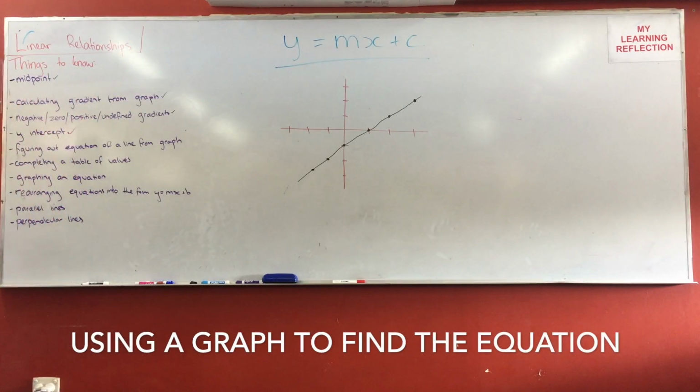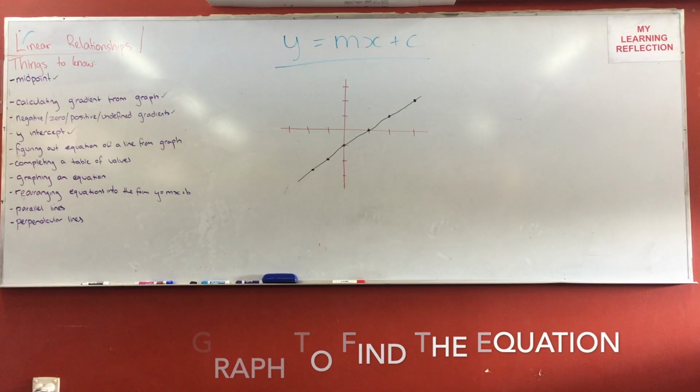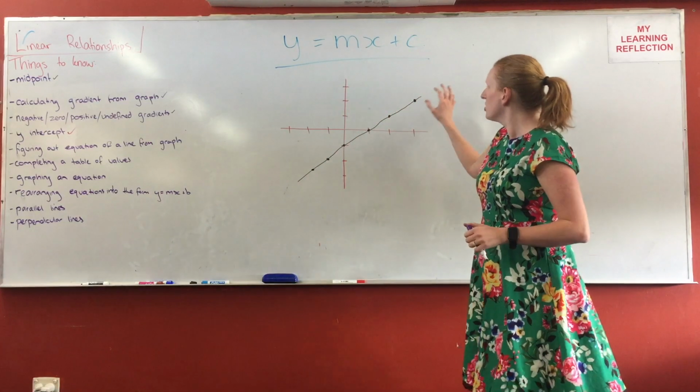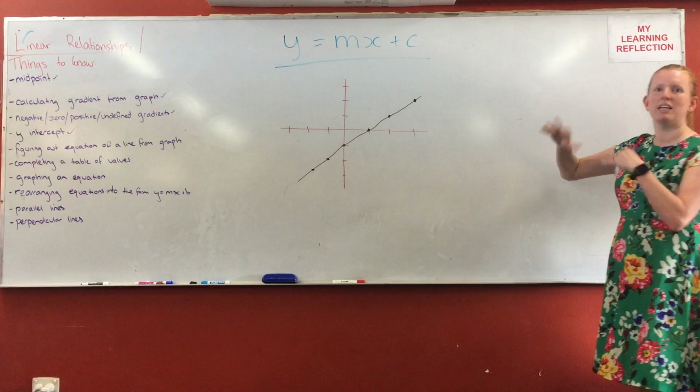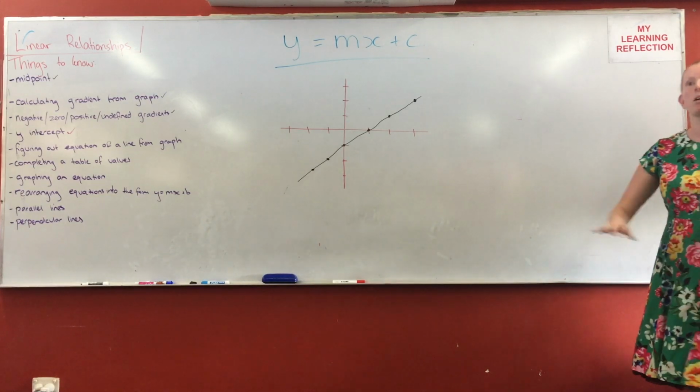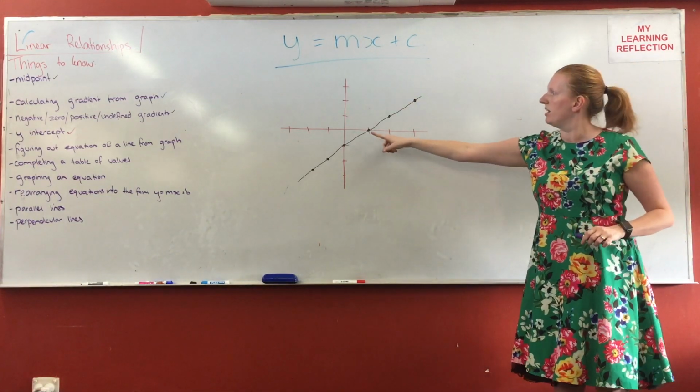Okay, next up, we're going to look at a graph and we need to figure out what its equation is. Just by looking at it, without having to do any calculating at all, I can see where it cuts through, so I can figure out what C is going to be, because it's cutting through at -1.